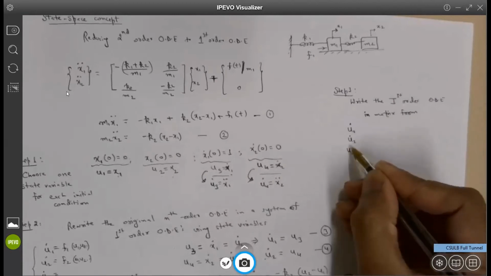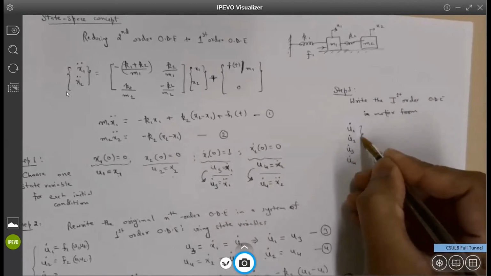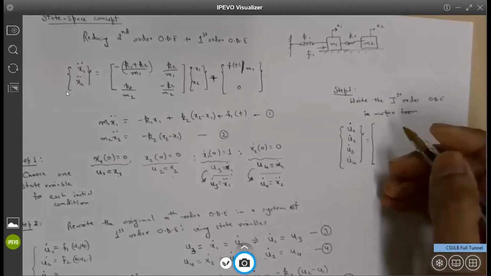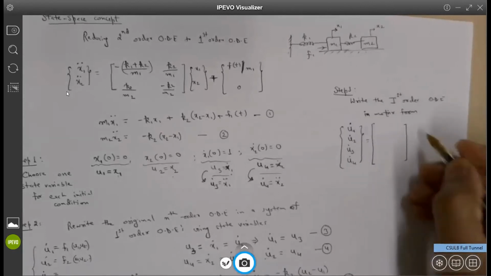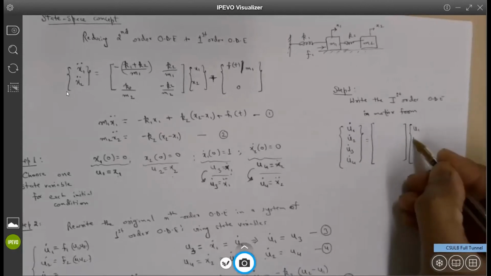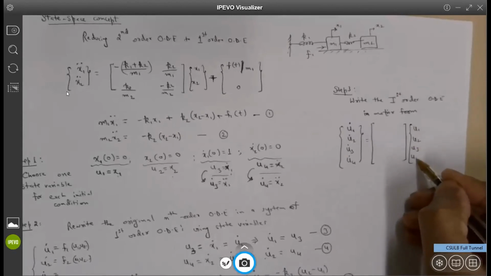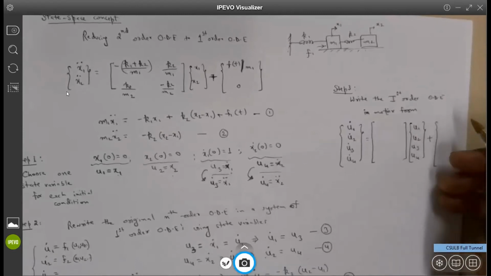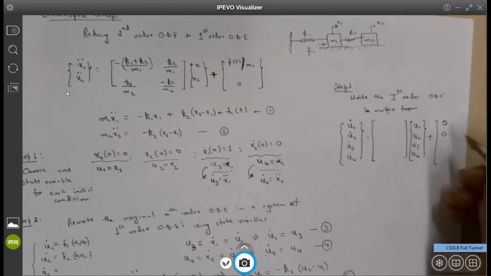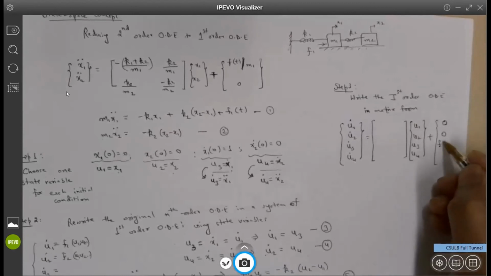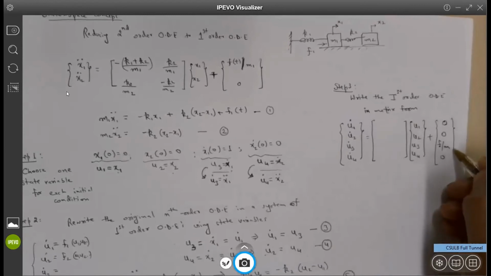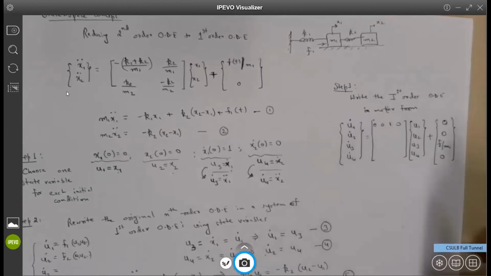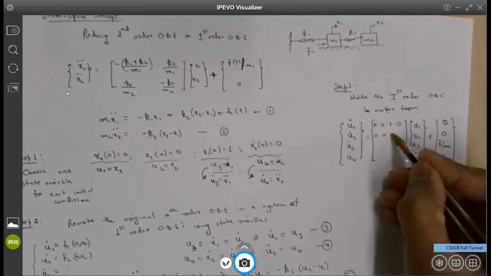U1 dot, U2 dot, U3 dot, U4 dot. And it should be in the form of U1, U2, U3, U4, plus 0, 0, F by M1, 0. U1 dot is 0, 0, 1, 0. U2 dot is 0, 0, 0, 1.